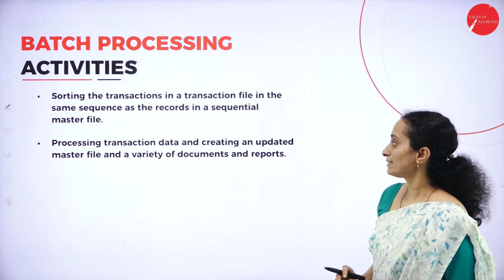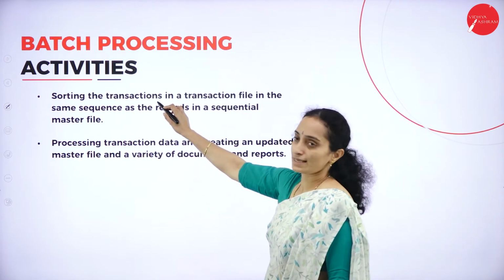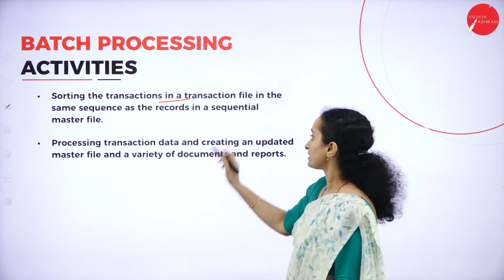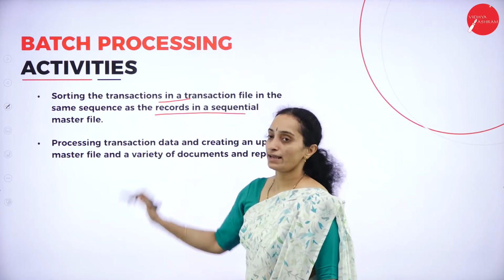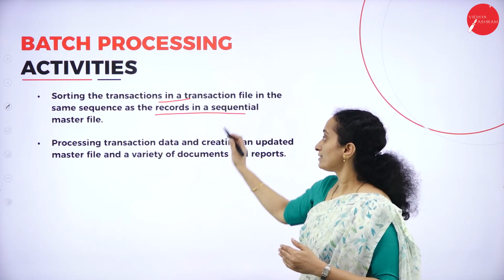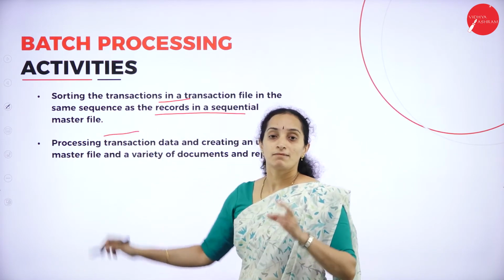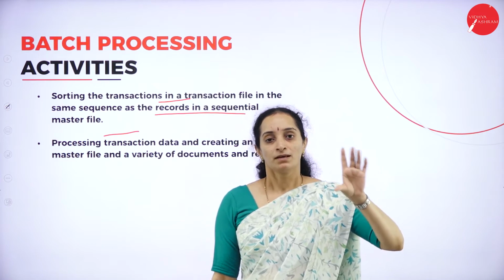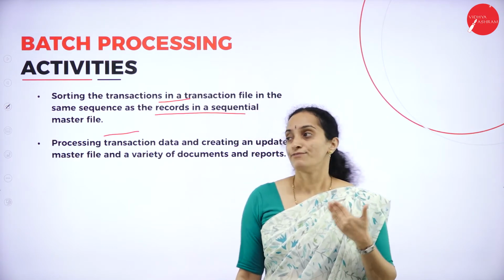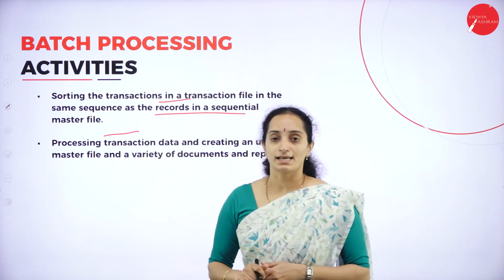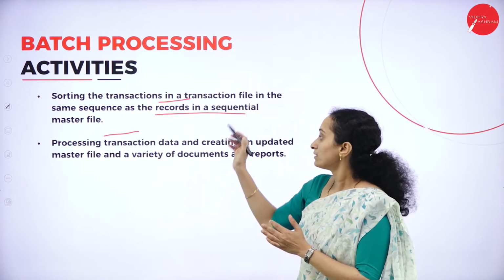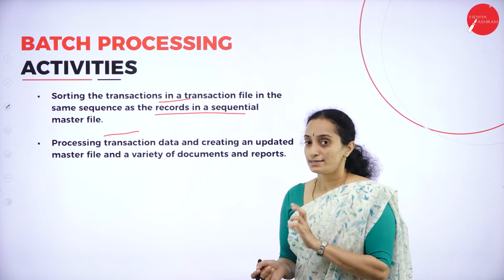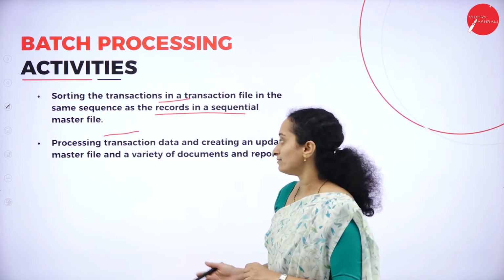The next thing is sorting the transactions. In batch processing, we have to sort the transactions in a transaction file in the same sequence as the records in a master file. It will be coming from the reception, what the sales and purchases are. We have to sort the transactions according to what the sequential master file dictates, based on the time and date of the activity.